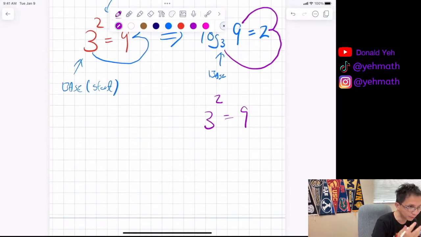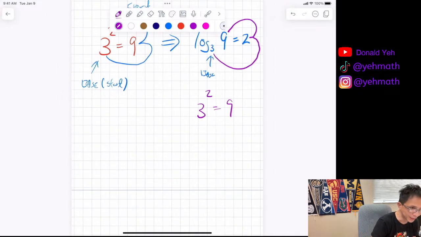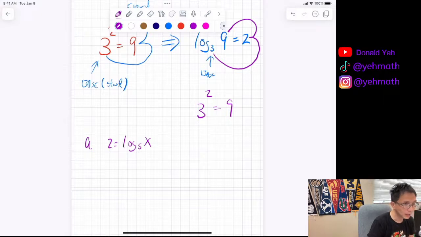Okay, so I'm going to give you a few practices, and you guys are going to tell me what they are. First of all, A is 2 equals log base 5 of x. I want you to convert to exponential form. Actually, you can evaluate it in this particular case.